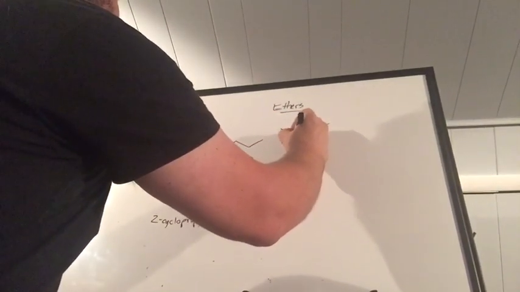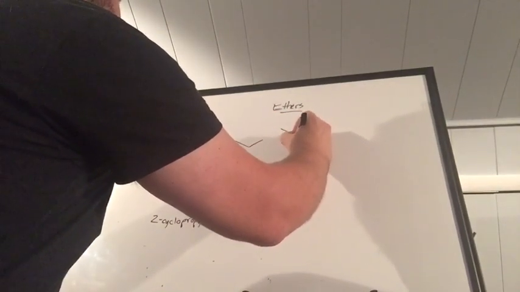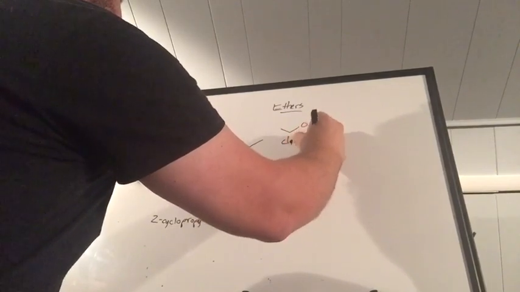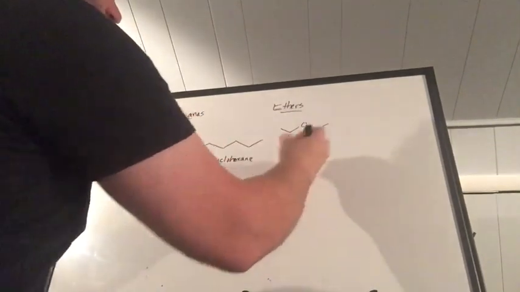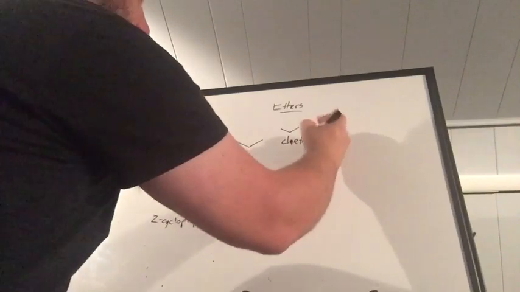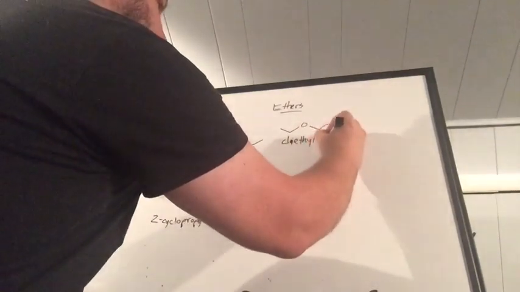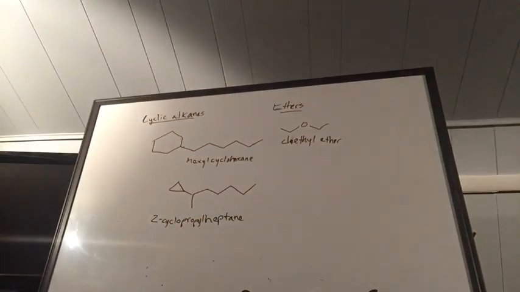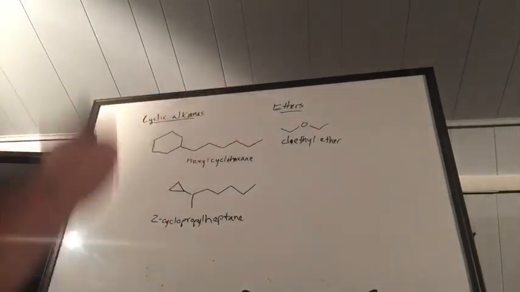So again, 2 ethyl substituents just hanging off of that oxygen, singly bound. Okay, so that's going to be a symmetric ether. That would be ethoxyethane if you were to look at things from a more formal standpoint.